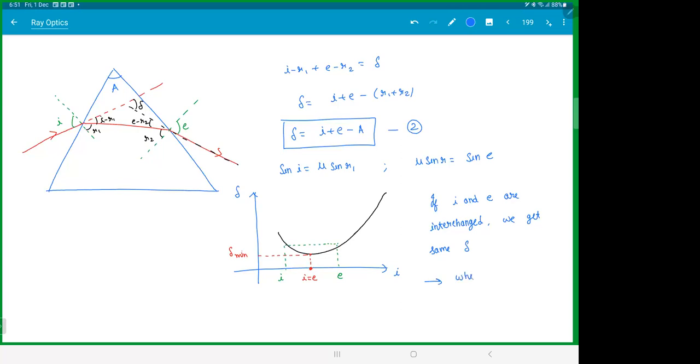When the angle of incidence is equal to the angle of emergence, delta is minimum. And if you see, the graph stops on the left-hand side because at this point, it's a TIR. So at that point, we don't study anymore. The graph stops there.